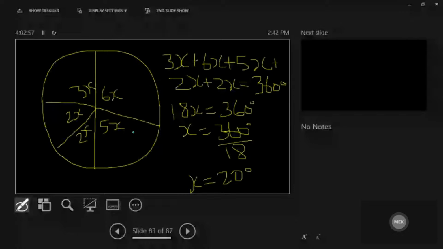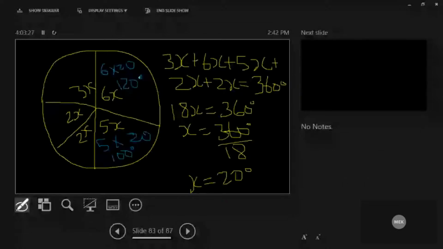Not 180 degrees, 360. So this angle here would be 5 times the 20, because x is 20 degrees. So that would give 100 degrees here. This would be 6 times the 20. And that would give 120 degrees here.